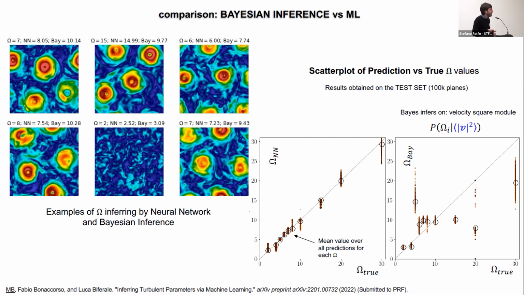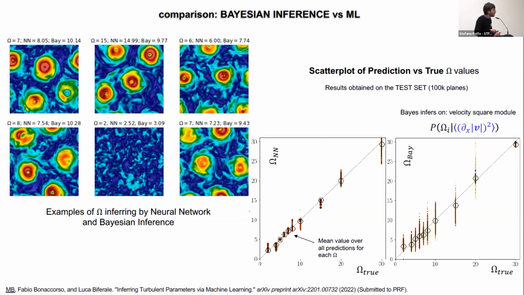The Bayes, on the other hand, using only the large scale features, so the velocity squared, is completely blind to this intermediate range of omega values. The situation improves when we look at the velocity gradients, the small scales, which at least at the mean value follows quite well the true value, but the fluctuations are very large.